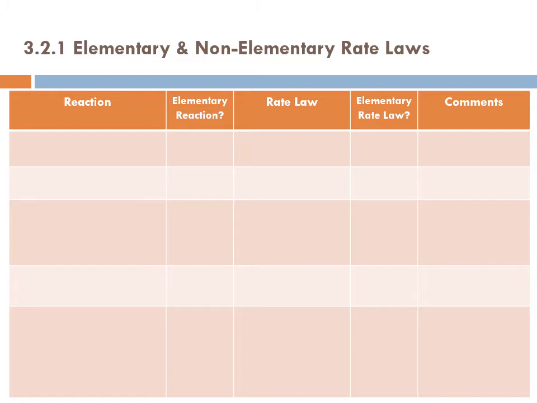Okay, so let's have a few examples about elementary and non-elementary rate laws. Of course, you already are familiar with elementary and non-elementary reactions, but now we're gonna apply the same concept on rate laws.